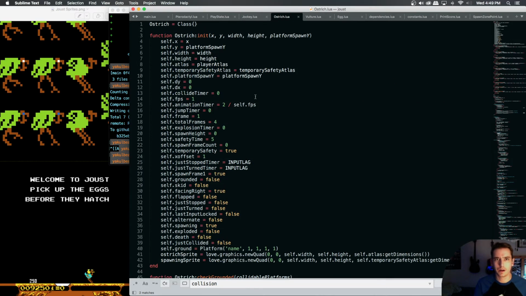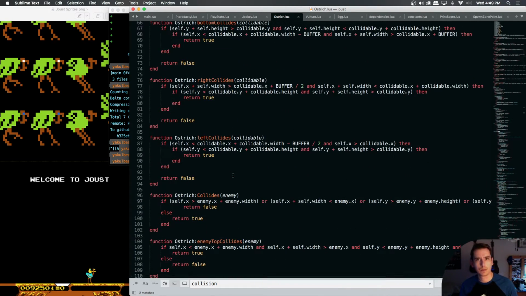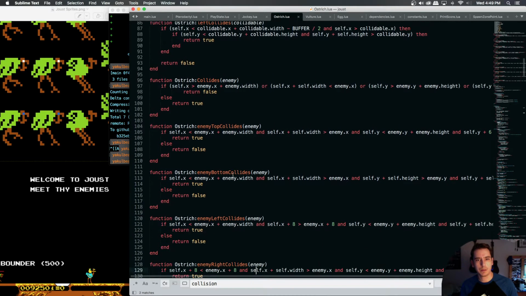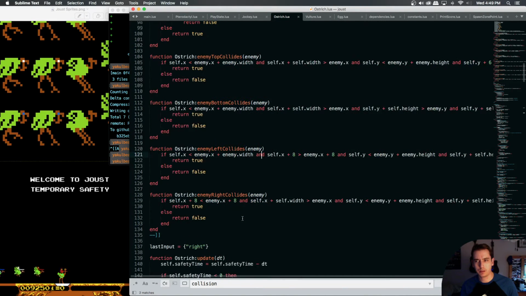Yet, in our ostrich collide with enemy function, we've got this +8 for some reason. Why do we have the +8?